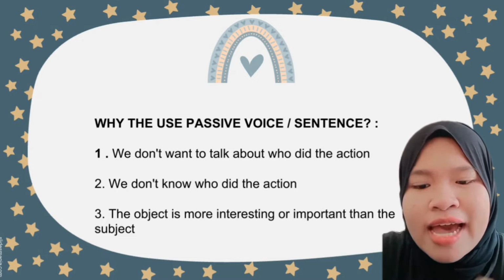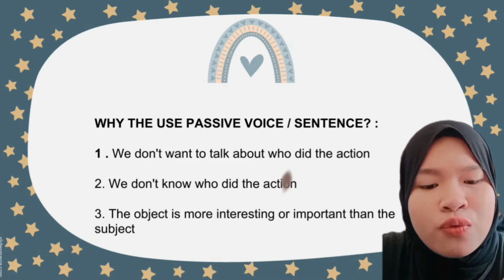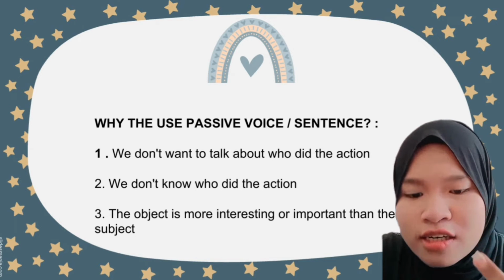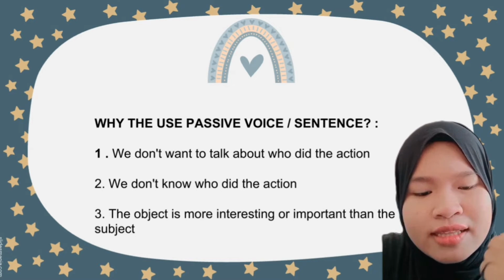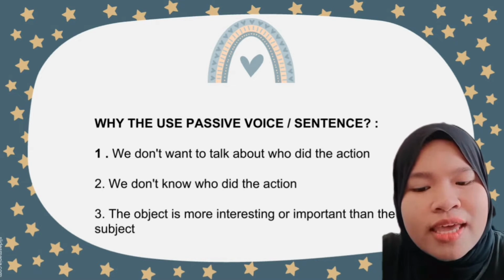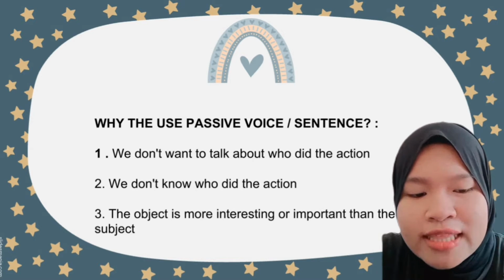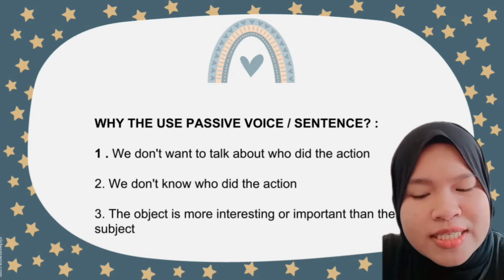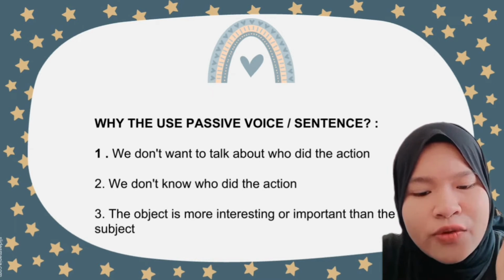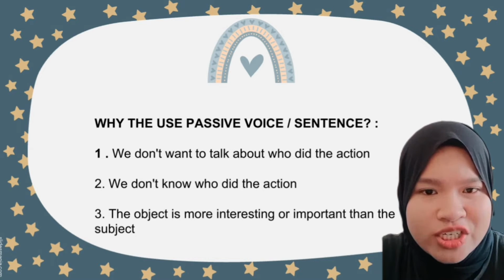The second is that we don't know who did the action. And the third is that the object is more interesting and important than the subject. In the passive voice, we focus more on what happened to the object, not on the person who did the action.